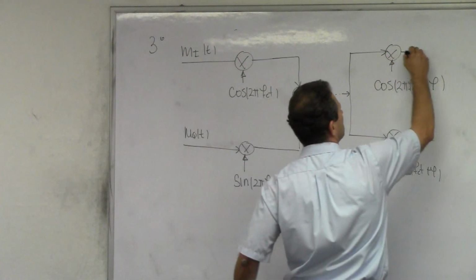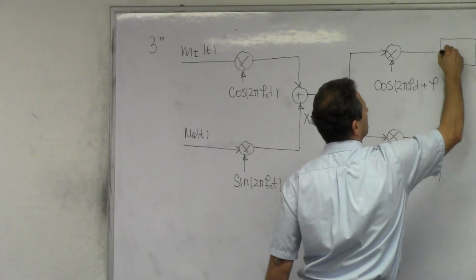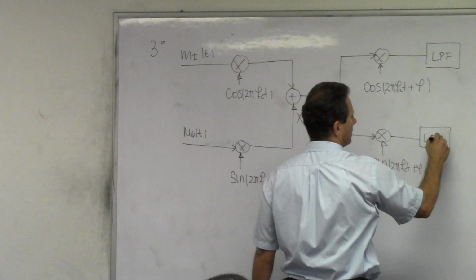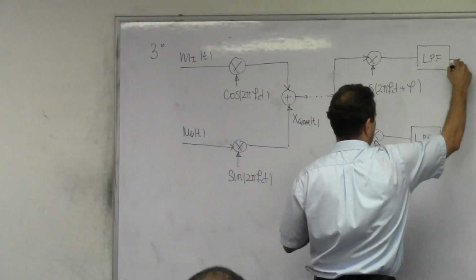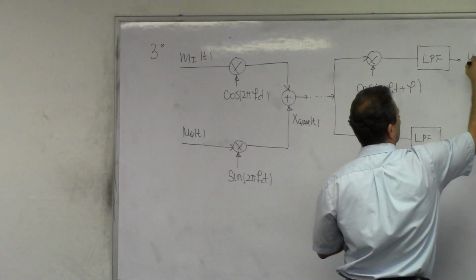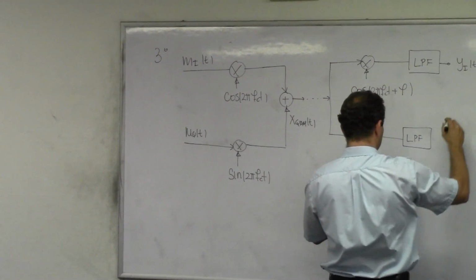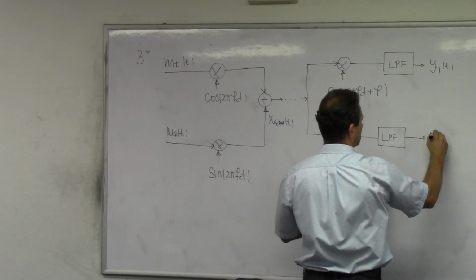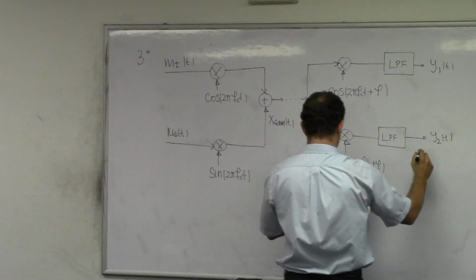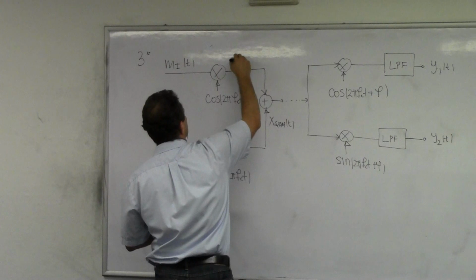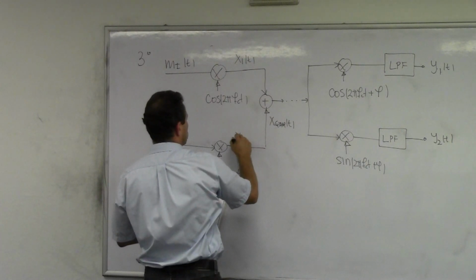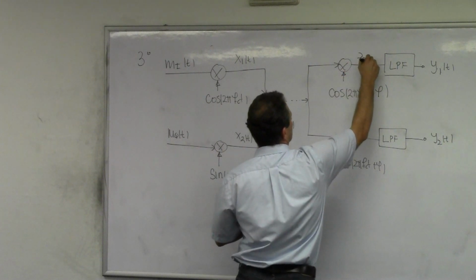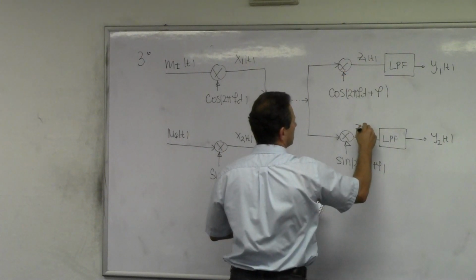After this, I'm going to use my low pass filter, and this is another low pass filter. This signal here is going to be called y1 of t, and this one here is y2 of t. Along the way this one is called x1 of t, this one is x2 of t, this is x, and this one is called z1 of t, and this one is z2 of t.